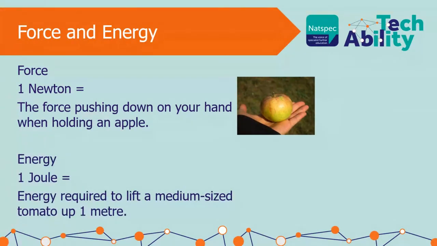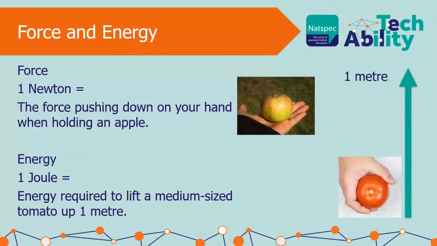The other thing we need to know the measurement of is energy, how much energy we burn when we're using that force. And that's measured in joules. And this is, apologies, another fruit. To burn 1 joule of energy, if you lift a medium-sized tomato, this is not my measure, I've got this from a highly scientific website, if you lift a medium-sized tomato up 1 meter, you've burned 1 joule of energy.